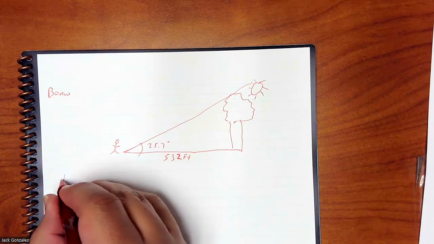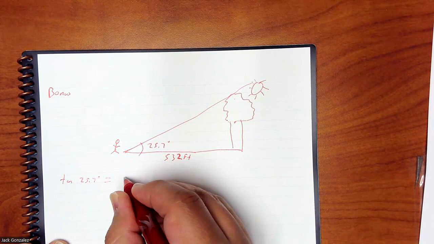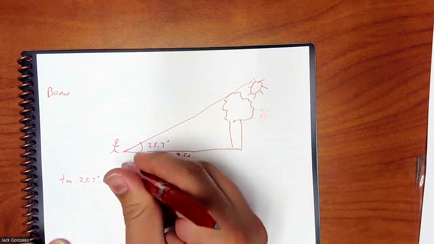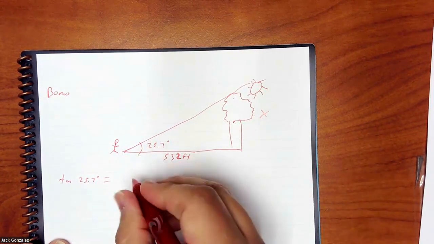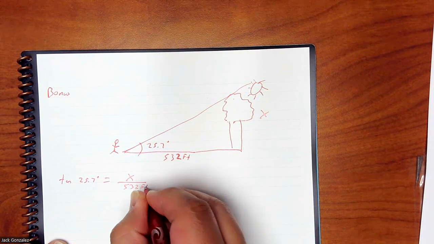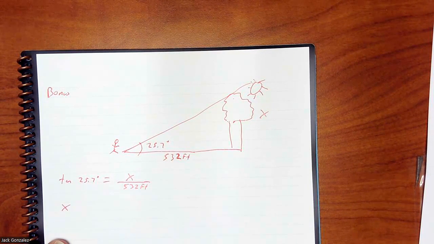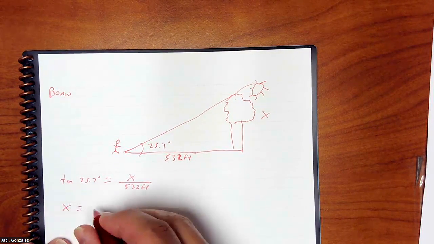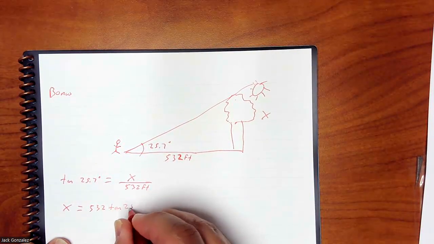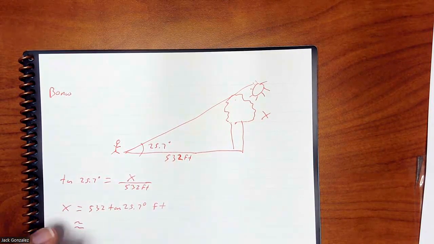So use tangent. Tan of 25.7 is equal to the opposite, which we can call X, I guess, over 532 feet, the adjacent side. So multiply both sides by 532 and you end up here. Whatever that is.